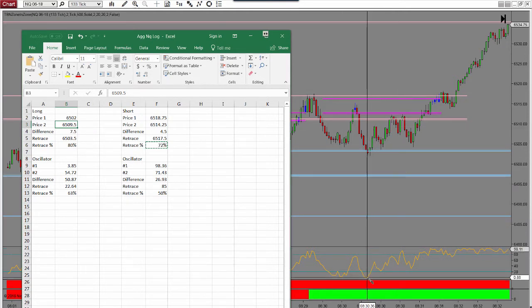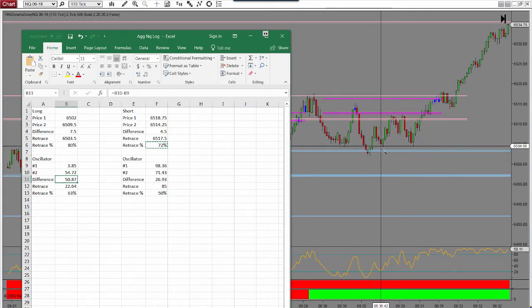If we come down to the stochastic, we can do the same analysis. At my low, it was at 3.85. At this peak right here, it was at 54.72. The difference is 50.87. When I make this retrace right here, my retrace comes into 65.0350 right there.